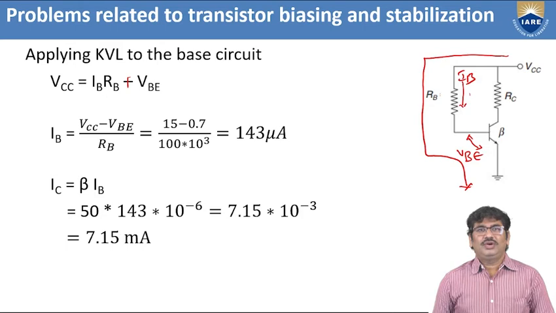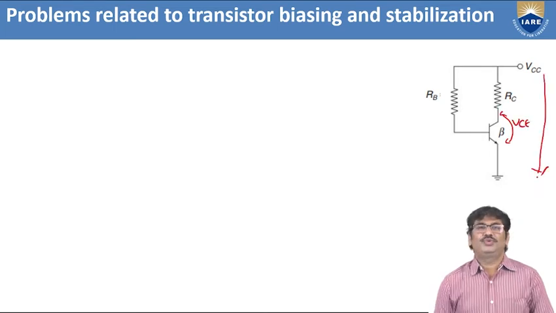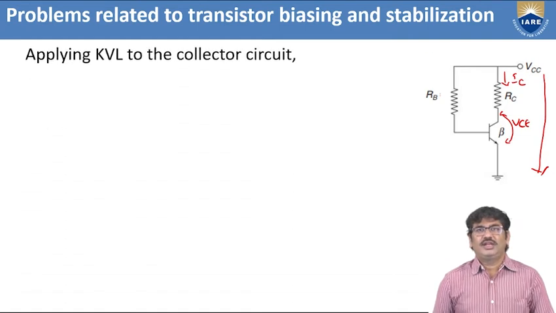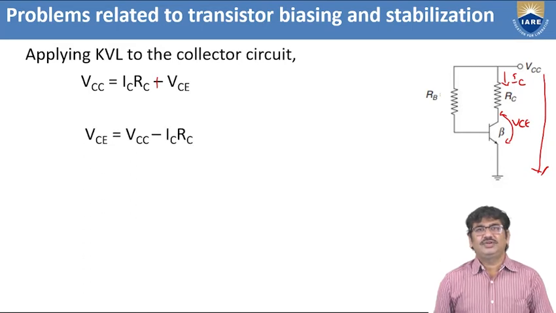Then for finding the collector to emitter voltage, VCE, we write the KVL expression for the output circuit. The output circuit consists of VCC, RC, and collector to emitter voltage. The current flowing through RC is IC. So the KVL expression for the collector circuit is VCC equals IC into RC plus VCE. From this, VCE is VCC minus IC into RC.